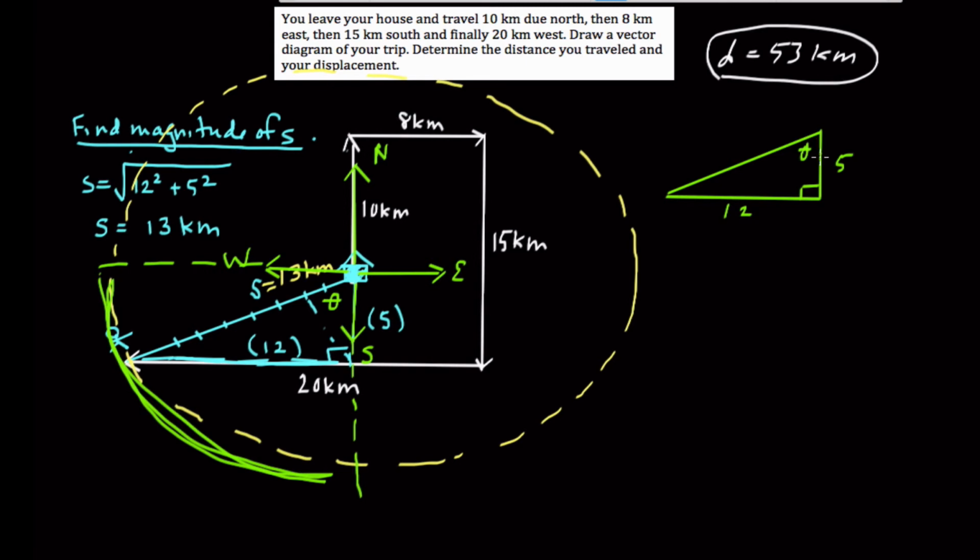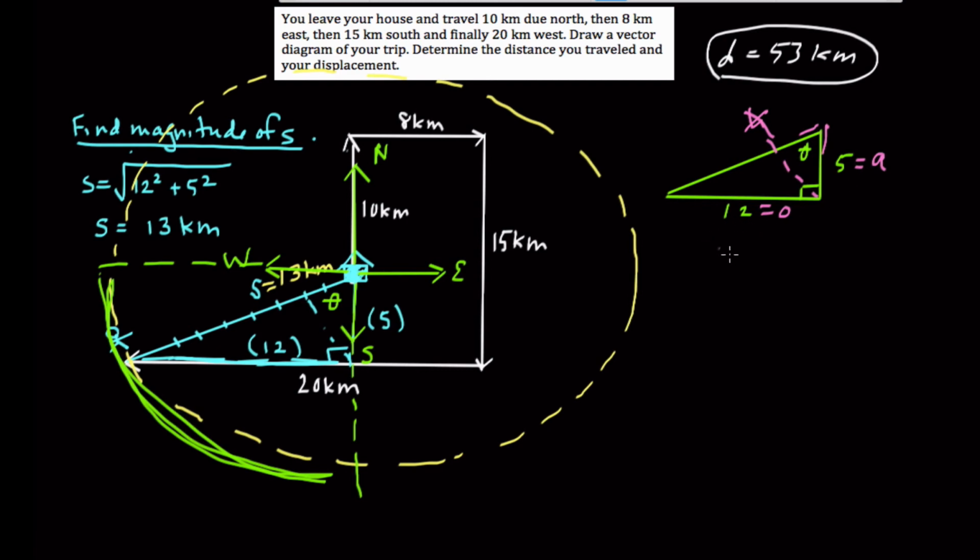So what trig function am I going to use? Well, this is my right angle. Opposite that is my hypotenuse. The side of the triangle that makes up the angle theta is the adjacent side. And if I start here and go across, that 12 would be opposite. So I'm not given the hypotenuse and I'm not asked to find it.